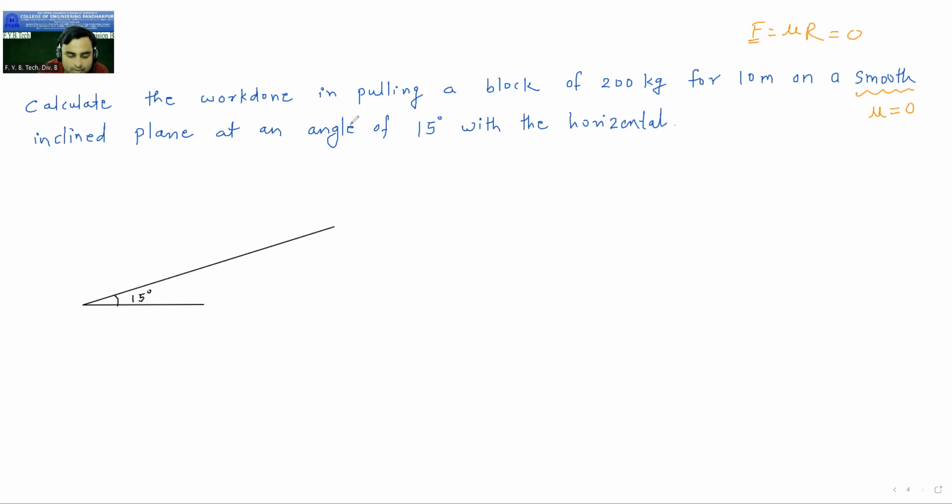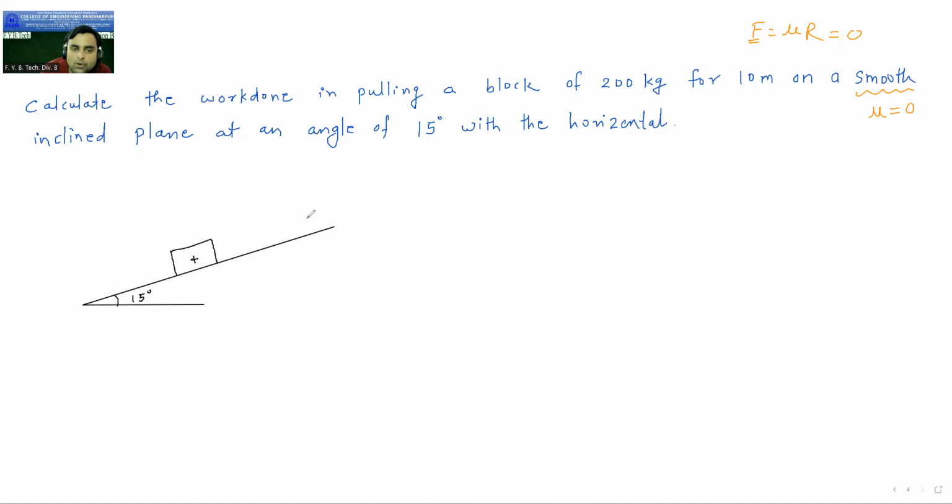Here, they have told us about pulling a block. This is the block. The weight of the block will act through the CG of this block. This is the centroid of the block.